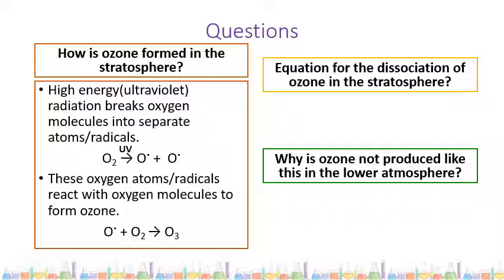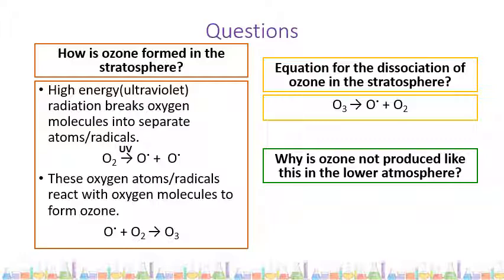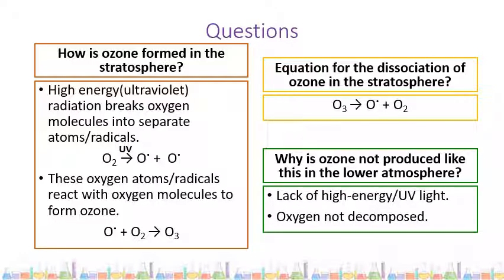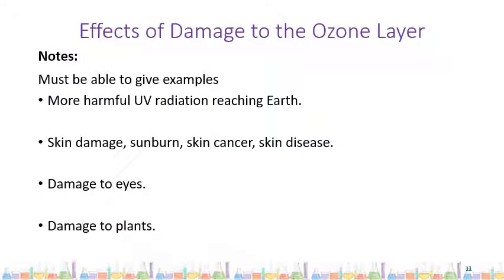The equation for dissociation of ozone in the stratosphere is O3 breaking down into the substances that make it up, which would be an oxygen free radical or an oxygen atom and an oxygen molecule, O2. Why is ozone not produced like this in the lower atmosphere? The reason is that there's not enough UV light. Oxygen is not decomposed, so the reaction over there on the left in the orange box can't happen.